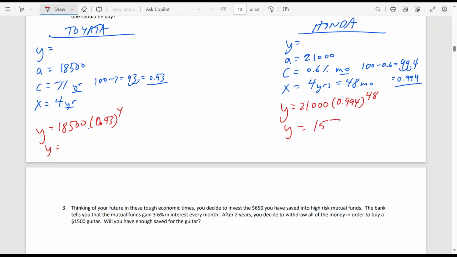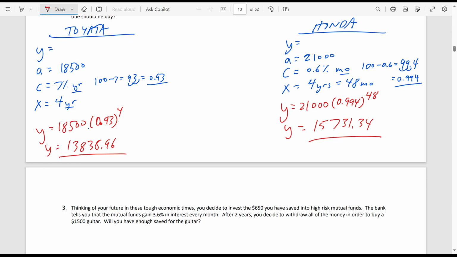And it's something like $15,731.34. The Toyota, on the other hand, is $13,838.96.